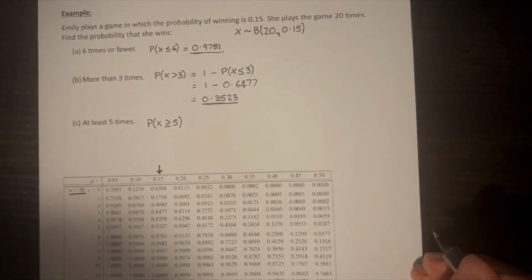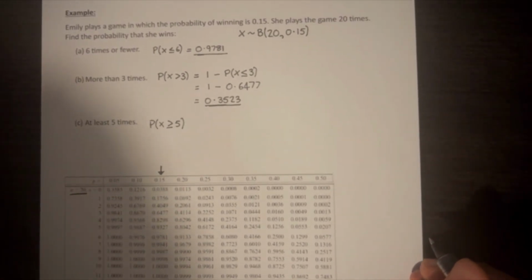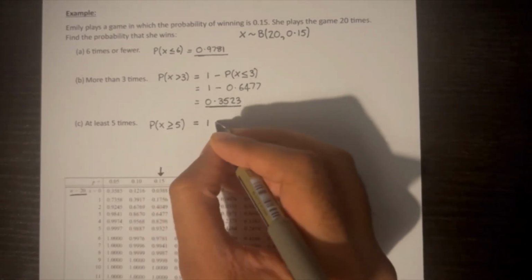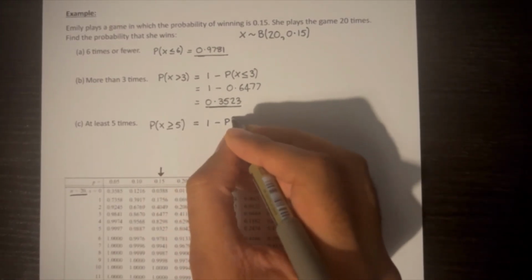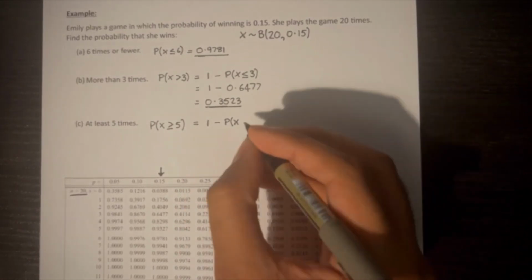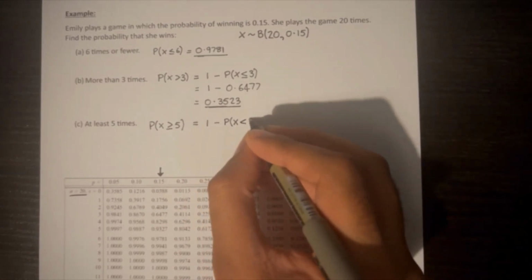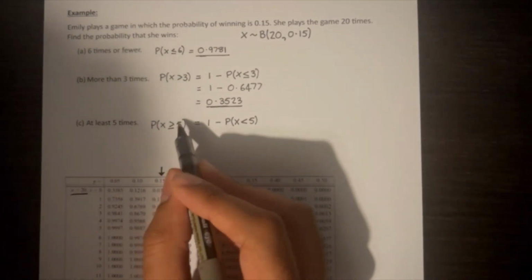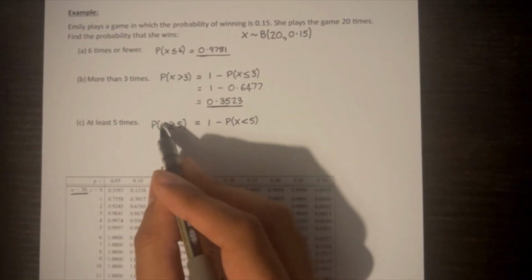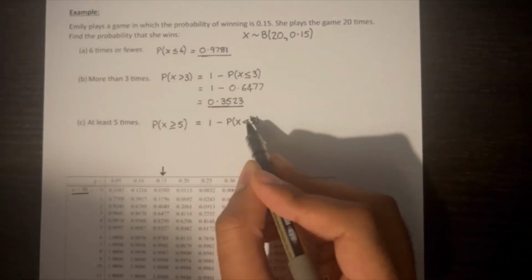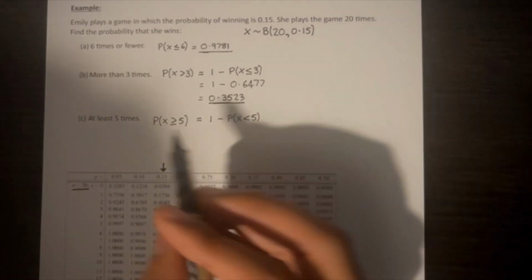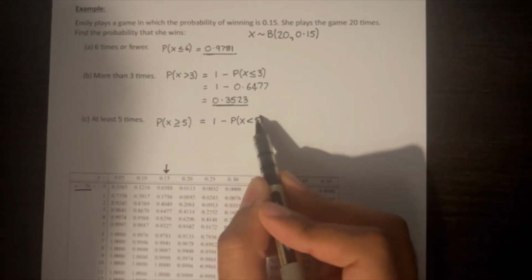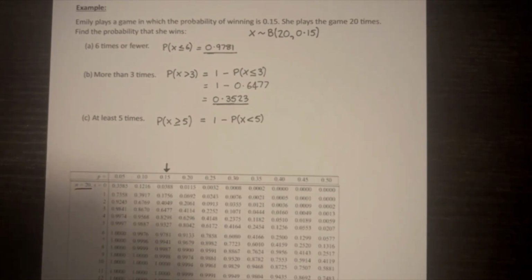Now, if x is greater than or equal to 5, that must be the same as 1 minus the probability that x is less than 5, because either it's greater than 5 or it's equal to 5 or it's less than 5. They are the only possibilities. Since greater than or equal to are covered here, I can only put less than there.